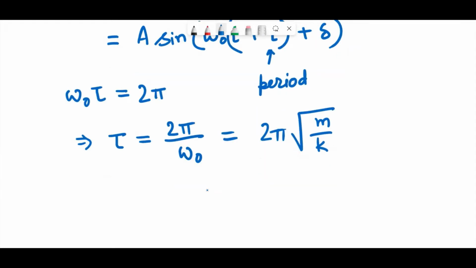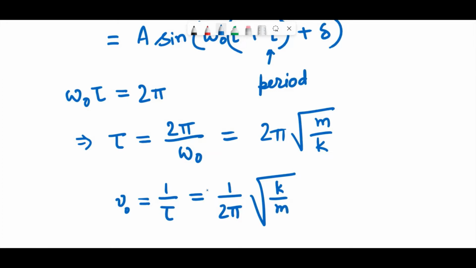The frequency of the simple harmonic motion is defined to be the inverse of the period. So the frequency nu naught is equal to 1 over tau. So this is 1 over twice pi square root of k divided by m. And of course, this is related to the angular frequency by this relation, omega naught divided by twice pi.